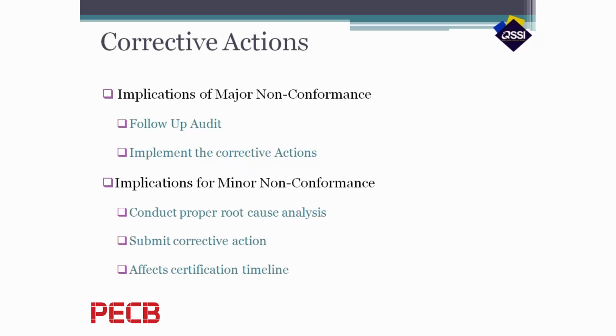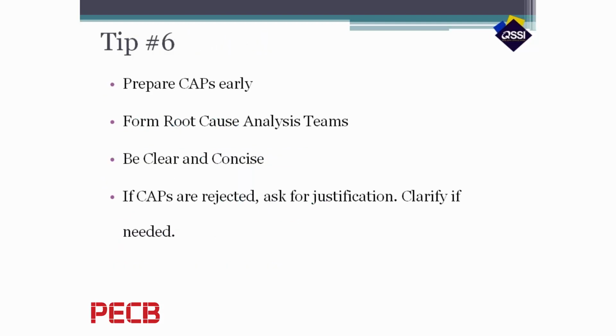If it's a minor non-conformance too, they may ask you to conduct the root cause analysis, as with a major, and also submit the corrective action plan. But how quickly you submit or implement your corrective actions affects your certification timeline. So your certification timeline is dependent on you.